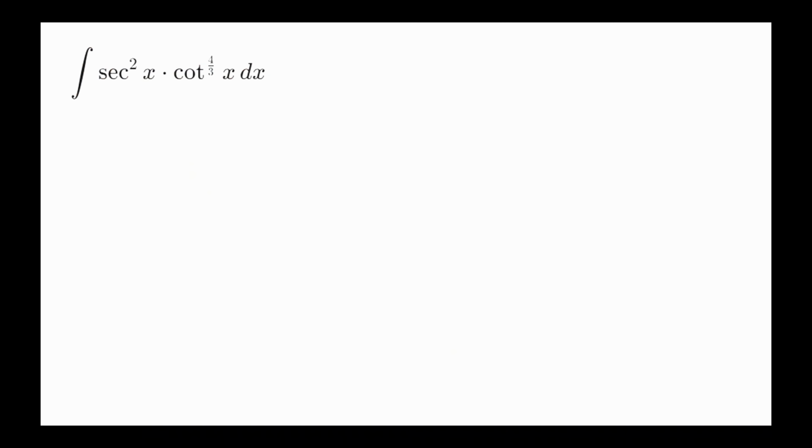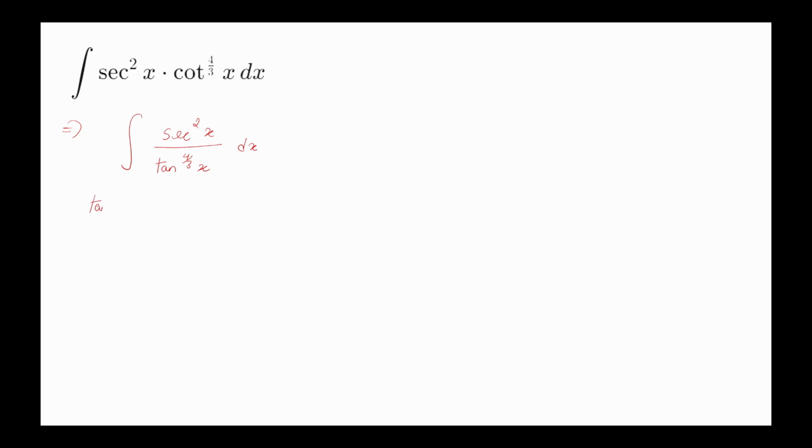Integration of sec square x into cot to the power 4 by 3 x. Now we know that sec square x is the differentiation of tan x. So let me try and convert this cot to the power 4 by 3 x into tan x. So I can write this down as integration of sec square x upon tan to the power 4 by 3 x dx.